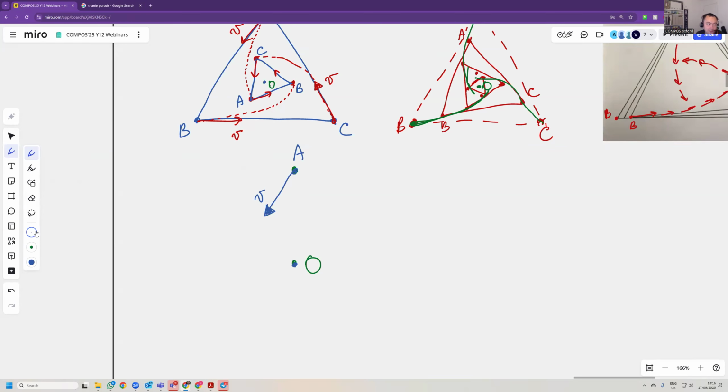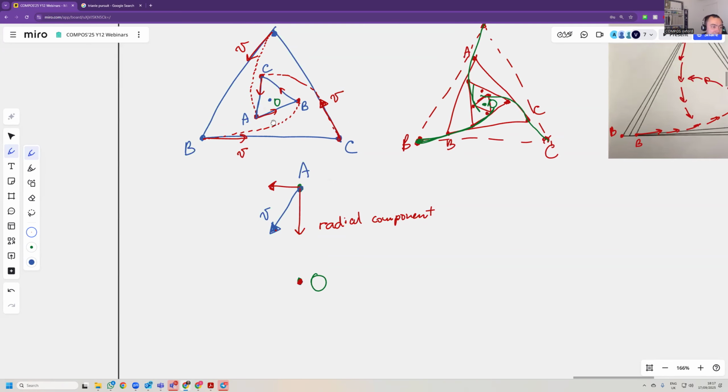You have the radial component of velocity, this component, and you have the perpendicular component of velocity. The perpendicular component is the one that causes you to move in a circle. So if you have only the perpendicular component, then you would just move in a circle like a planet around the sun. But here you have velocity towards the center and perpendicular to the radial direction. So this is the radial component.